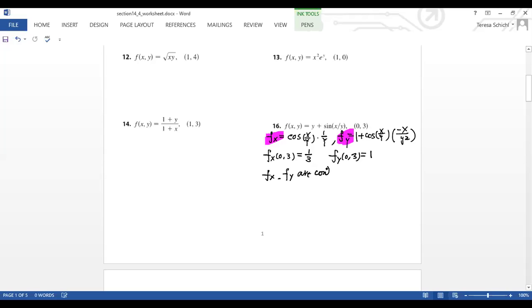They are continuous for everything where y is not equal to 0. So I know f(x, y) is differentiable.